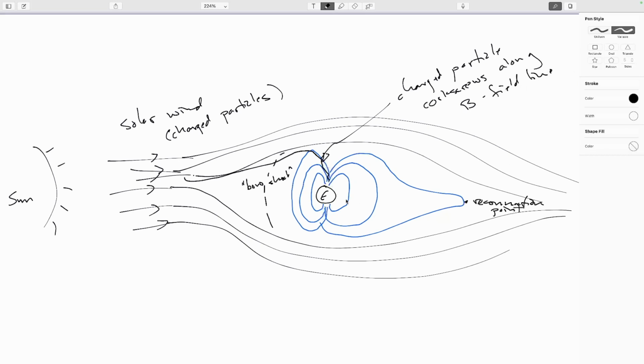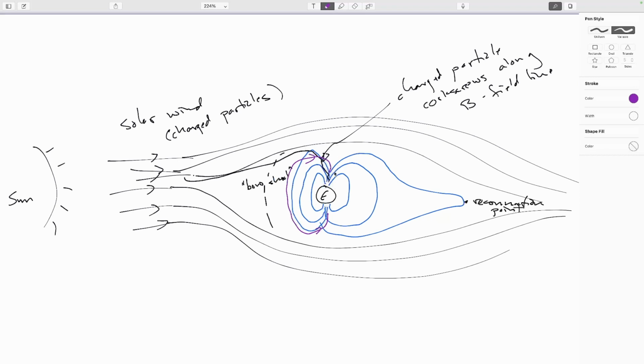Okay, so what will happen is it'll start corkscrewing around, and as the magnetic field lines get closer together, in a treatment that's more advanced than what we're going to be doing here, this will cause the charged particle to feel a magnetic force that will reflect it. And so what will happen is the charged particle will slosh back and forth, following the magnetic field line, back, forth, back, forth, back, forth.